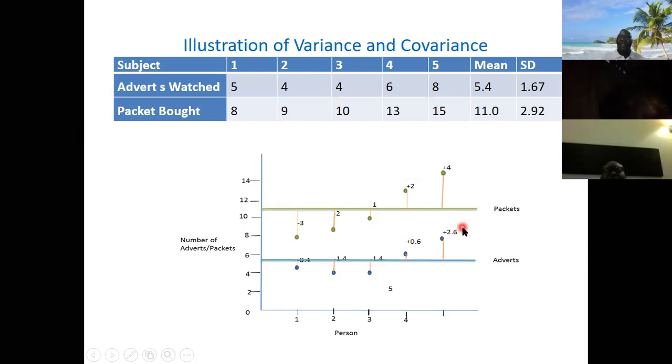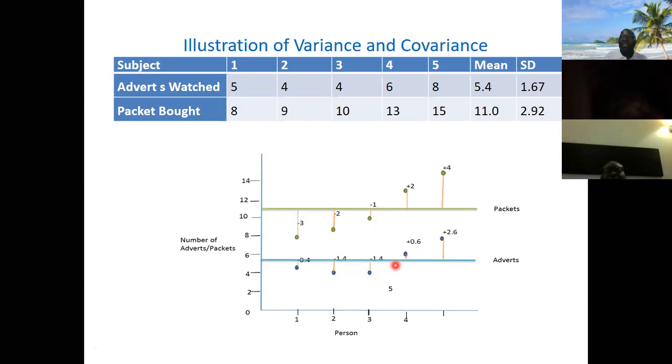So it shows a pattern that both of them vary together in a positive direction, in the sense that as one increases, the other goes in the same direction. You can say categorically that as the number of advert watch increases, the number of packets bought increases.